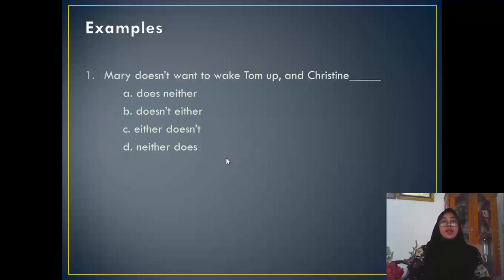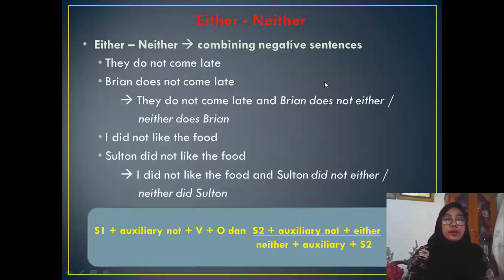Okay, let's see the examples in the questions. First here: "Mary doesn't want to wake up Tom." This is a negative sentence. And Christine comes in front of. If we talk about "in front of", you must put the word not in your sentence before the word either.